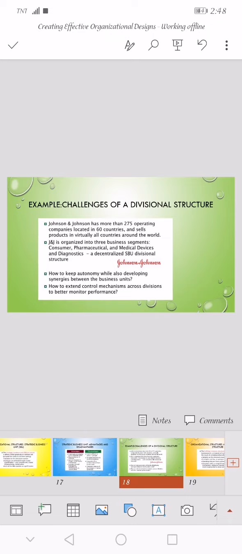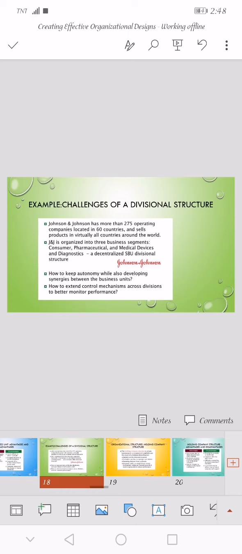A centralized SBU divisional structure. How to keep autonomy while also developing synergies between the business units. How to extend control mechanisms across divisions to better monitor performance.